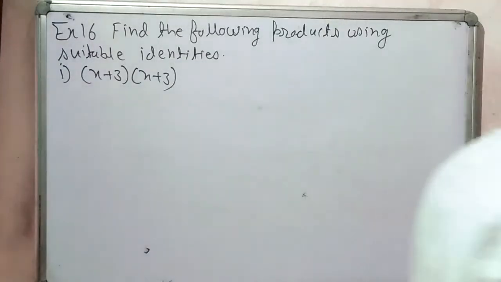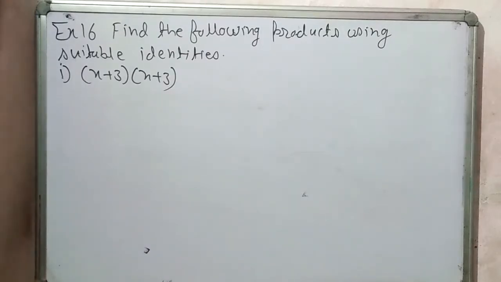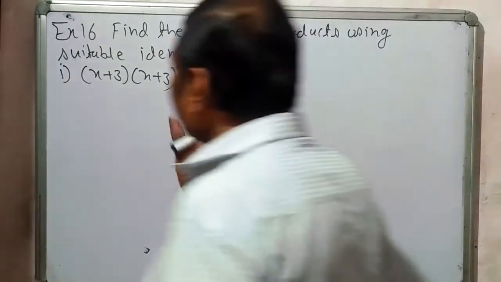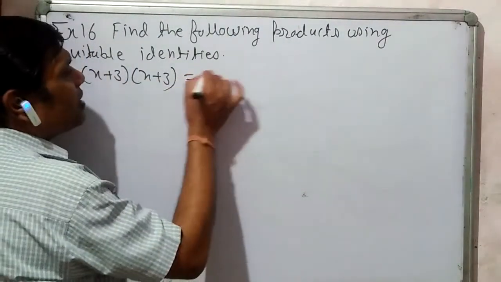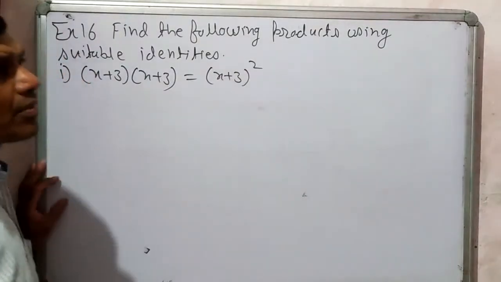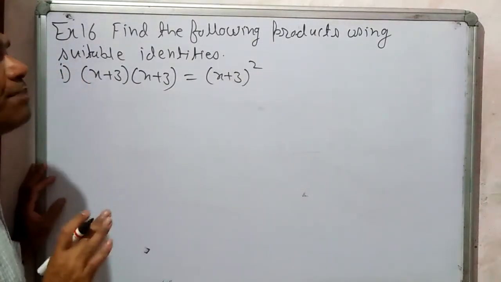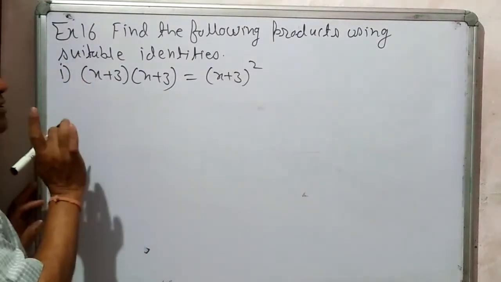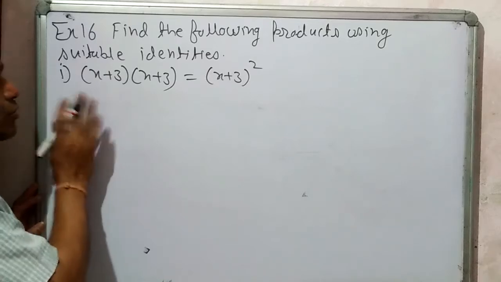In this part, we see that it is actually the application of the first identity, because anything multiplied with itself is its square. So it is (x plus 3) whole square. I'll tell you once again how to apply this identity. First, the easiest way is to write the identity.